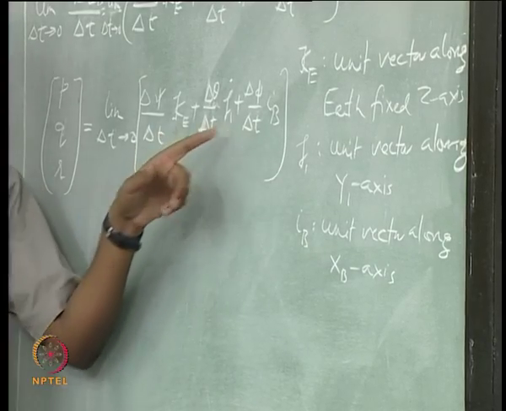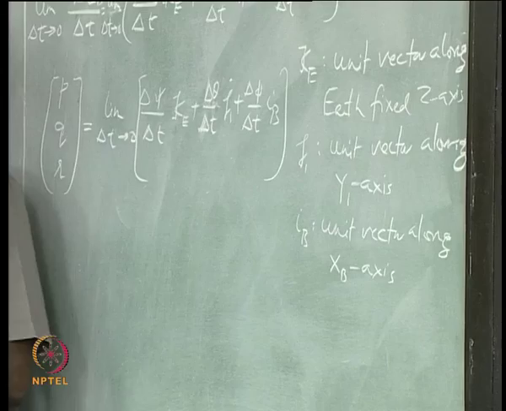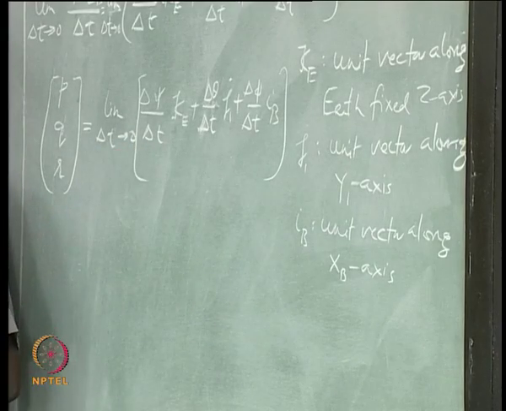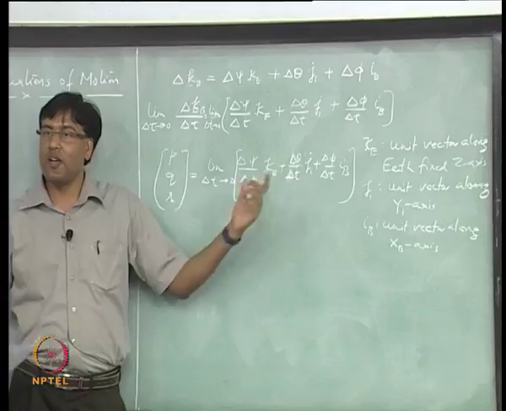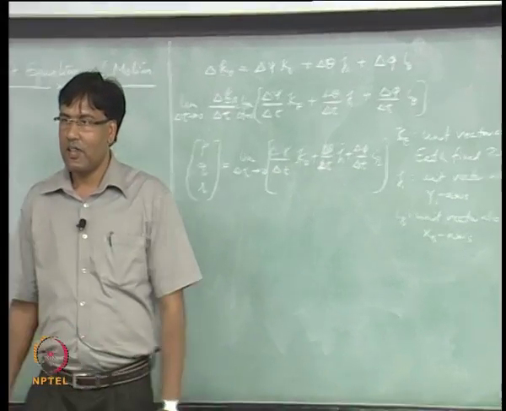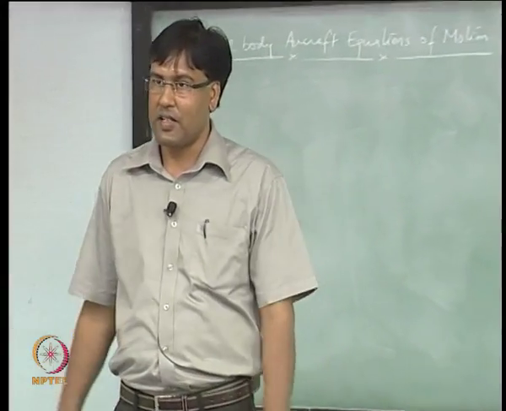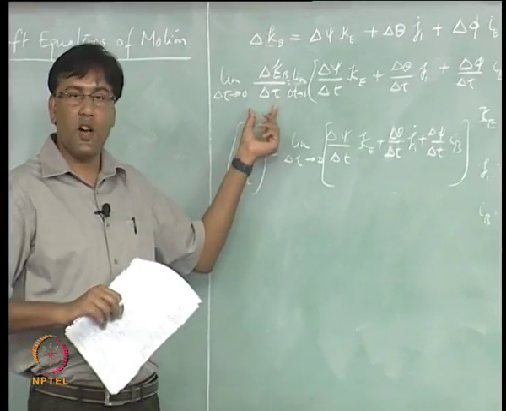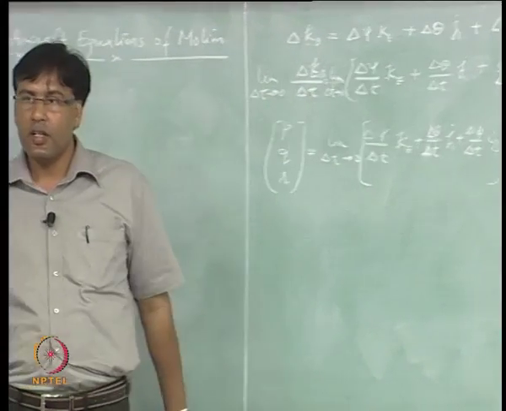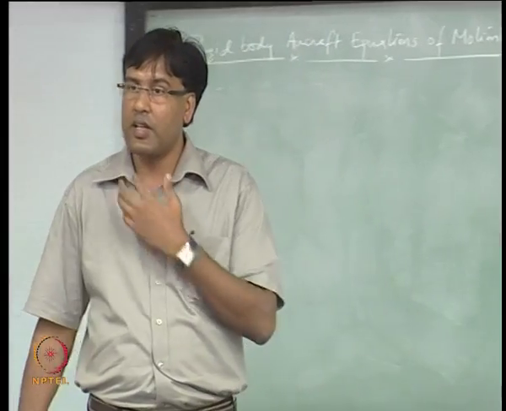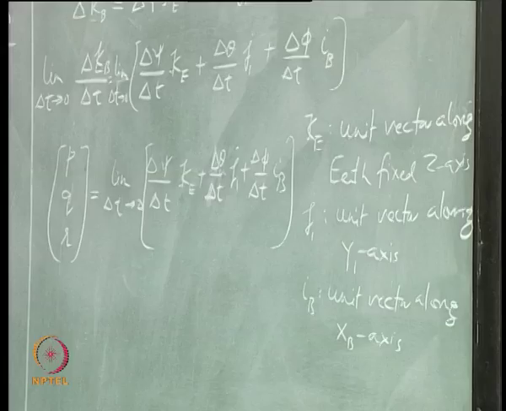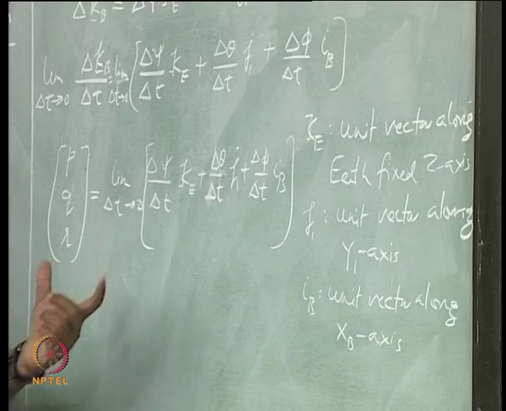So now I have to write them all in one axis system, that is the body axis system, right, because I am trying to balance out this PQR with the rate of change of theta, psi and phi. You get this?